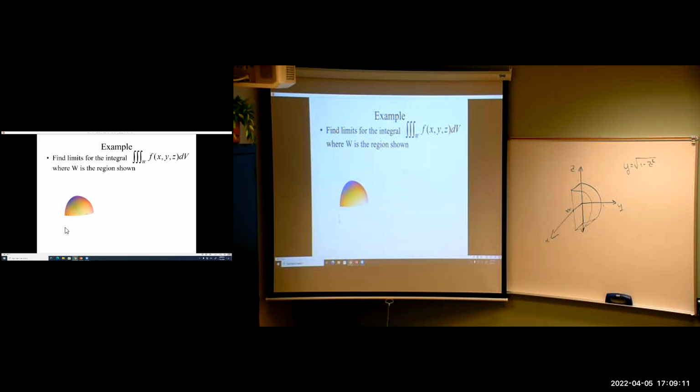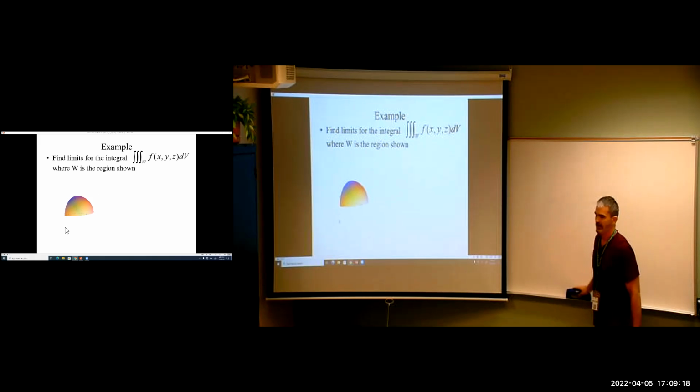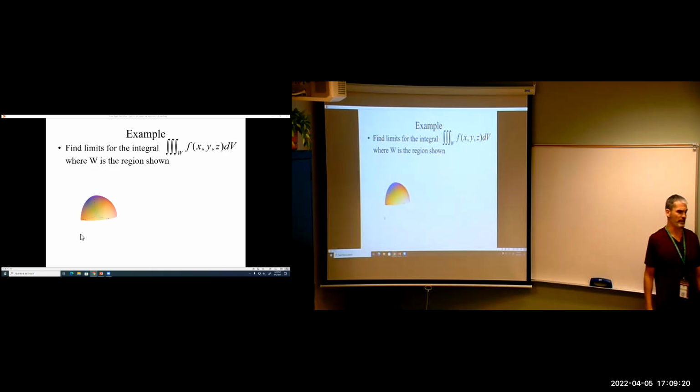All right. So we're integrating over whatever function. So again, today, most of my time is going to be spent on setting these up. We've spent time doing integration. Now you just have to do it 3 times instead of just 2. So I think you're going to pick that part up really quick. It's the limits that we need to set up.